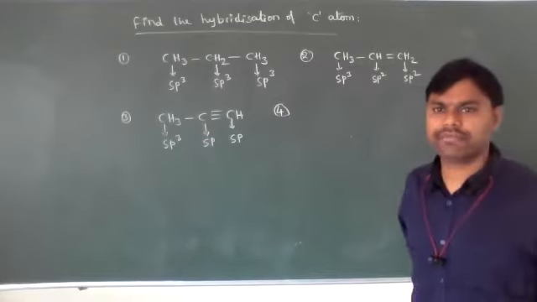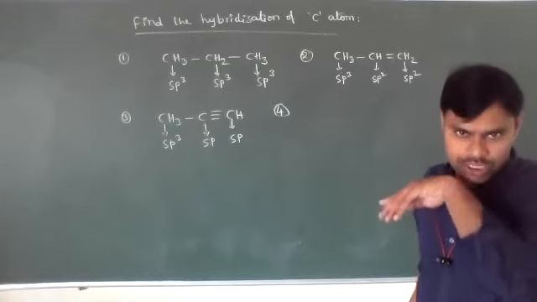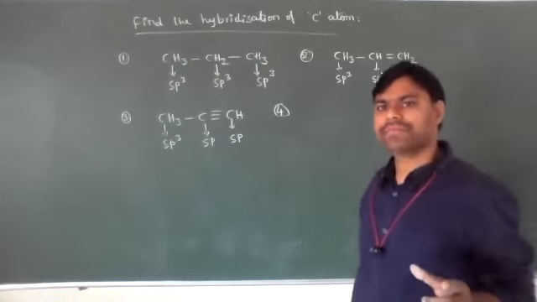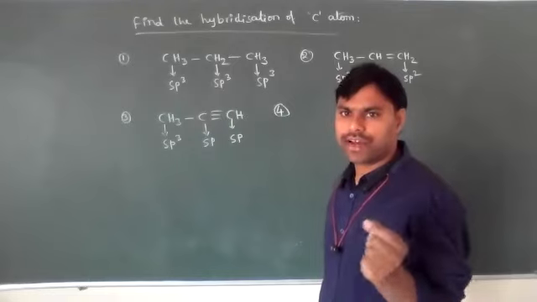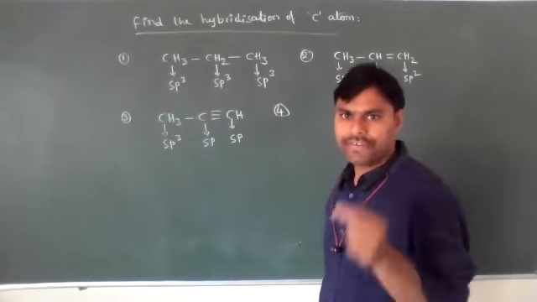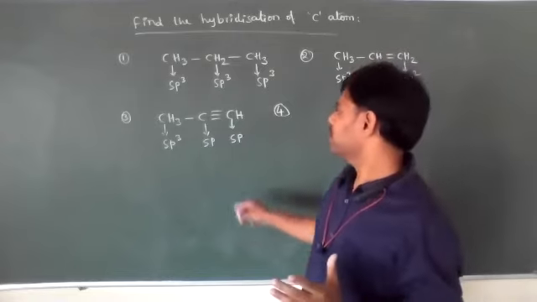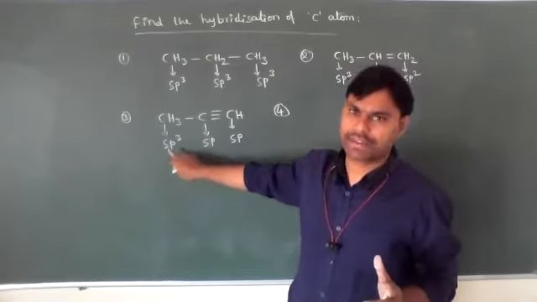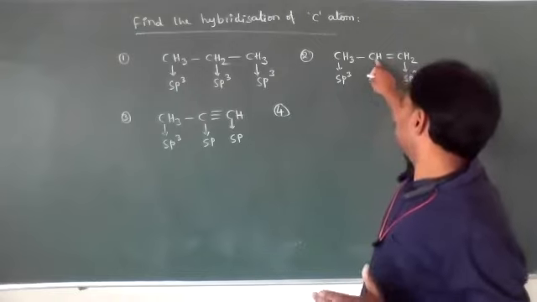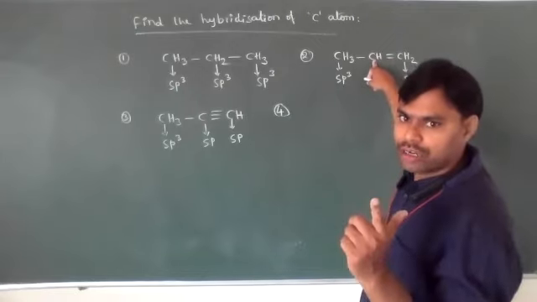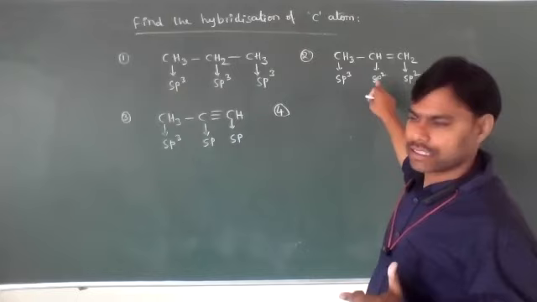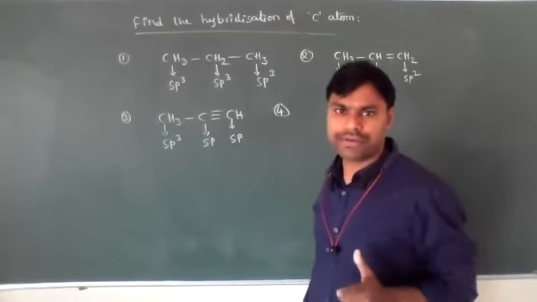These questions are very, very important. Compulsorily they are asking these questions: find the hybridization of the underlined carbon atoms. If a carbon atom has all single bonds, then its hybridization is sp3. If the carbon is connected with at least one double bond, then it is sp2 hybridization. Connected with a triple bond, sp hybridization.